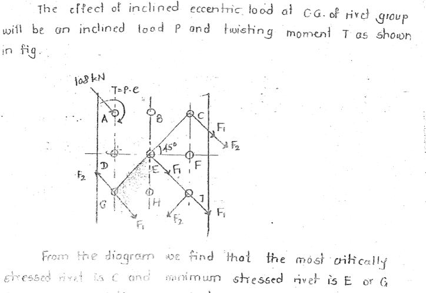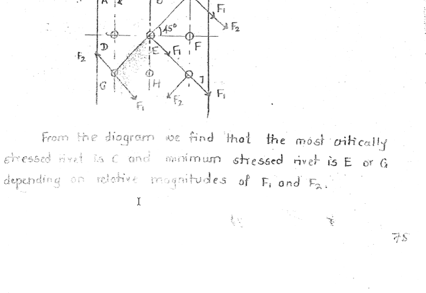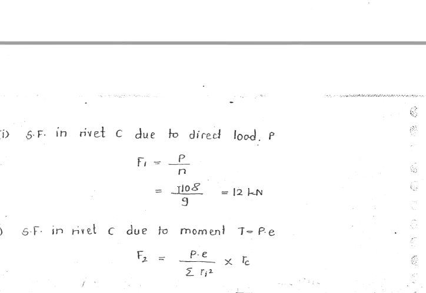The force registered by each bolt will be 108 divided by n, where n is the total number of rivets or bolts. So 108 divided by 9, that is 12 kN. This 12 kN becomes the shear force registered by each rivet or each bolt.